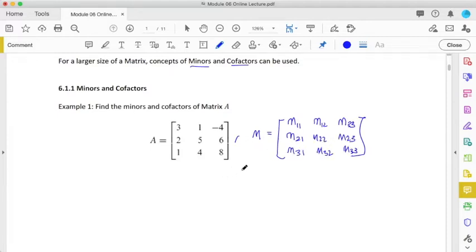Once we have this matrix of minors, we can find the cofactors. The cofactors of A are given by these equations.